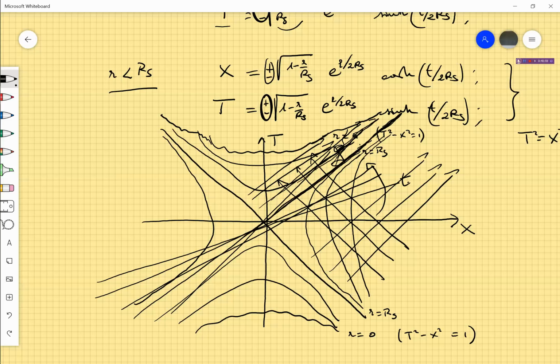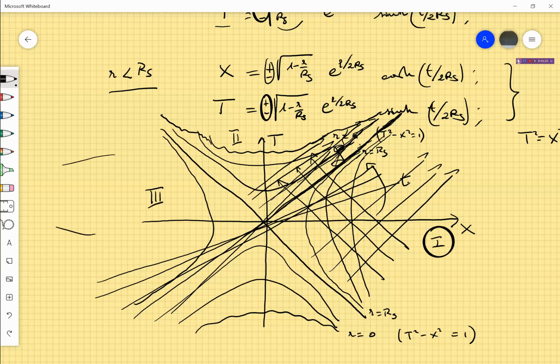Now, the region that we described at the beginning, which is described by the standard Schwarzschild coordinates, is the region r larger than rs, but there are two regions like this. This is the region 1. The interior that we discovered with the Eddington-Finkelstein coordinates is here. There is another exterior here, and in fact another asymptotic infinity here.